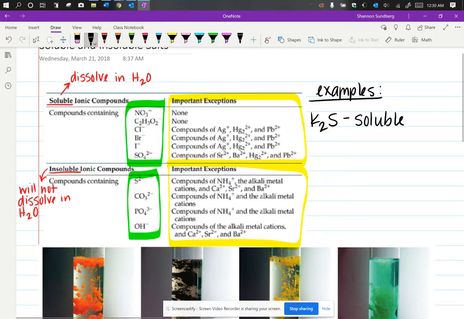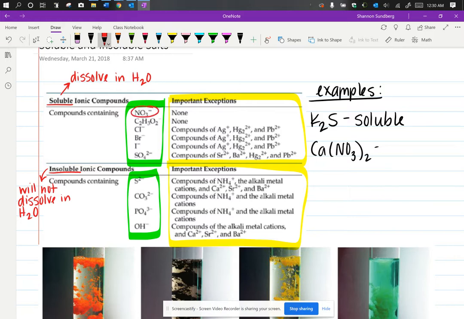Okay, let's do another one. How about calcium nitrate? So Ca(NO3)2. Okay, so look at your anion, the second portion there, the NO3. Find it in your list. It's right here at the very tippy top.